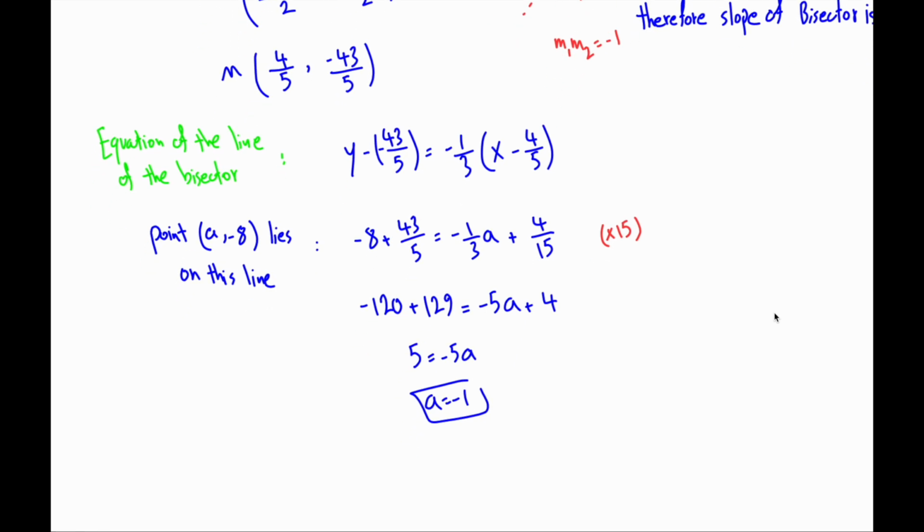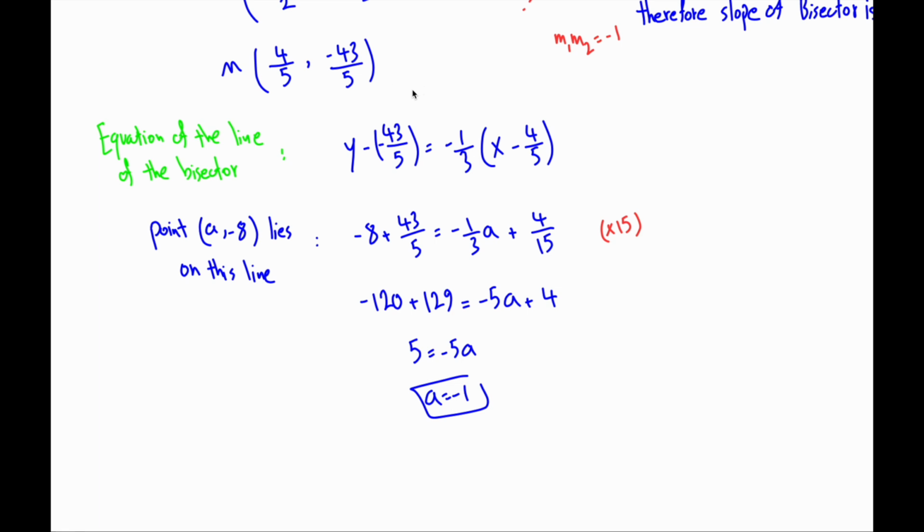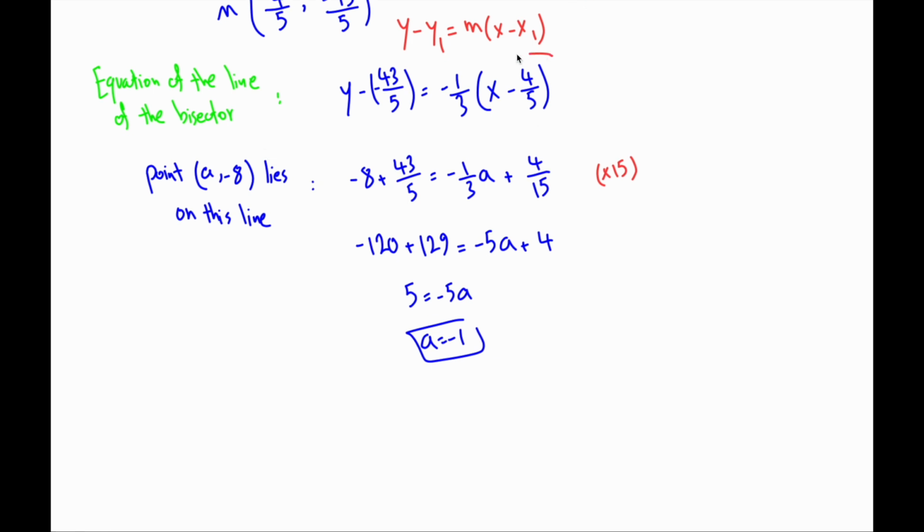And now I can construct the equation of the line of my bisector using the famous formula y minus y1 equals m times x minus x1. And I can substitute the x and y coordinates of my midpoint, also the slope which I just found, and that's going to give me this equation.